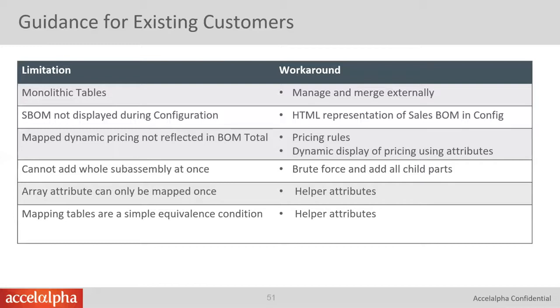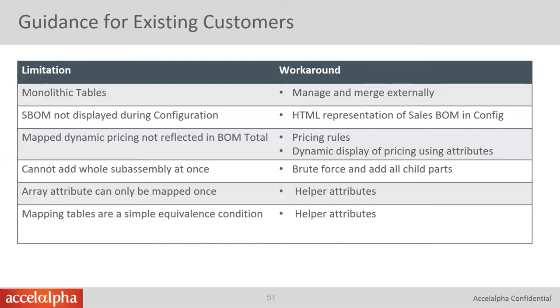An example of this would be that dynamic description for that crust, where we had really two attributes doing it: the crust size and the crust type. We would use a helper attribute, concatenate those two values, and use that in our mapping table, specifically the attribute mapping table. And those are some limitations that I came across that I think you should be aware of if you are an existing CPQ user.